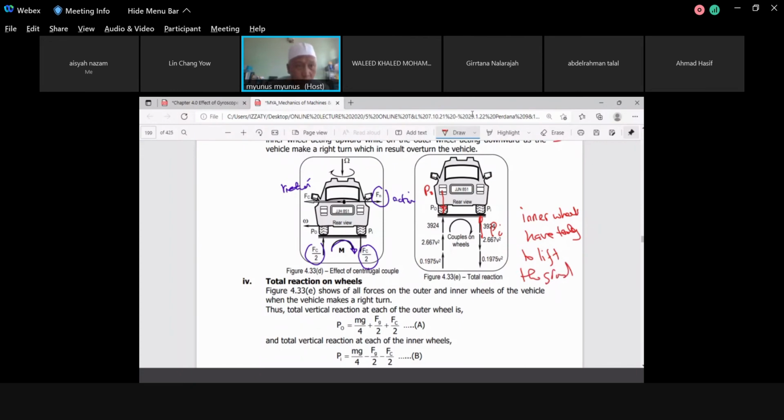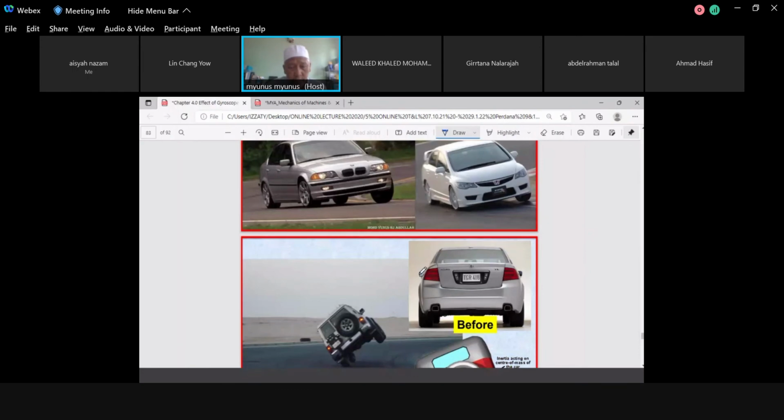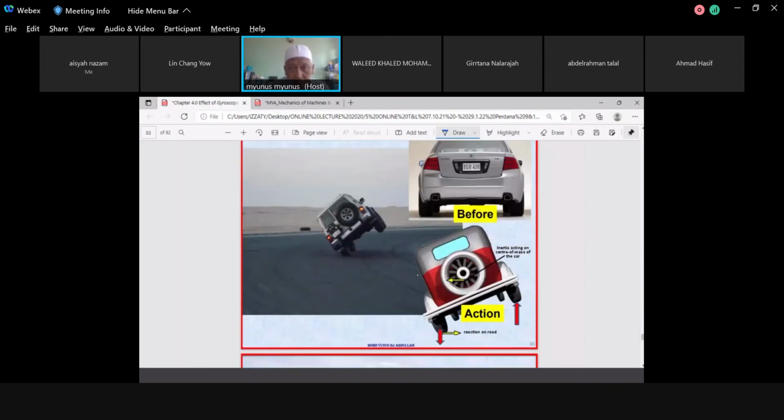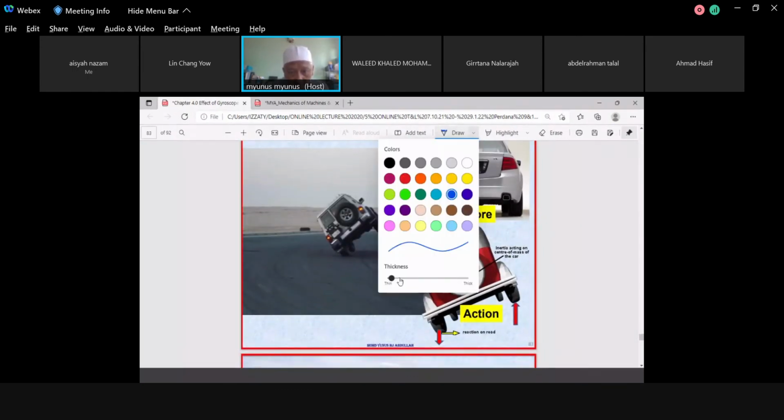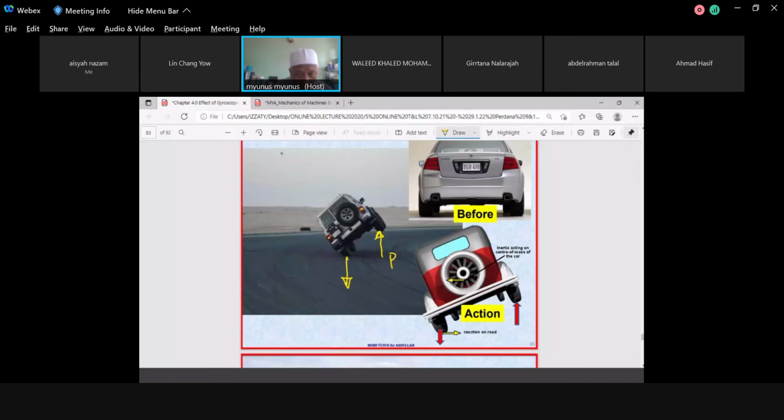Or perhaps we can show this as I put it here. So the inner wheel here, this one is the outer wheel. Look, this one is the outer wheel, stuck to the ground. This one the inner wheel leaves the ground. This one is PI. This one is PO.